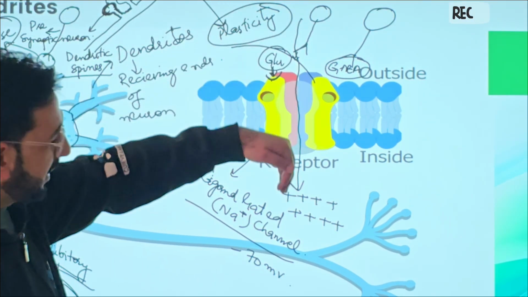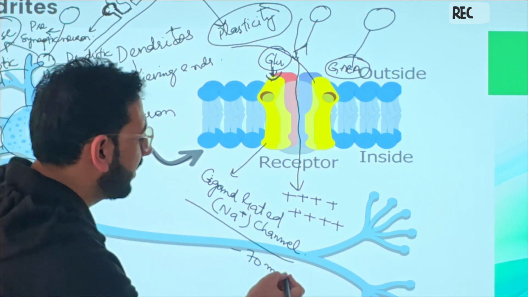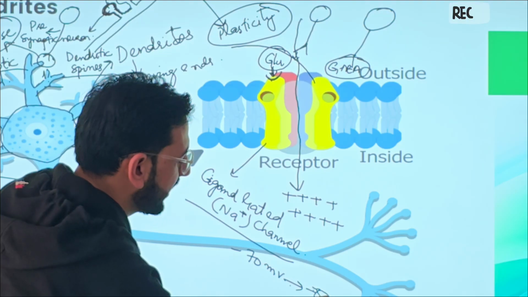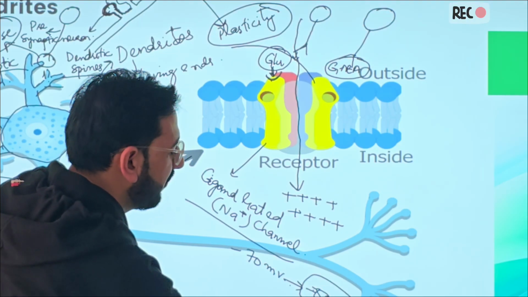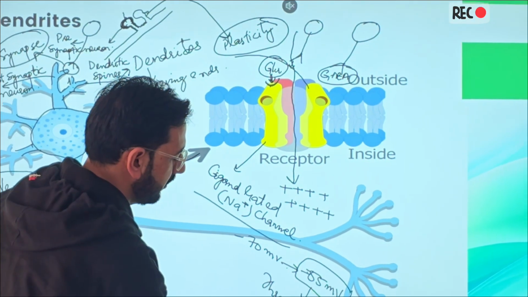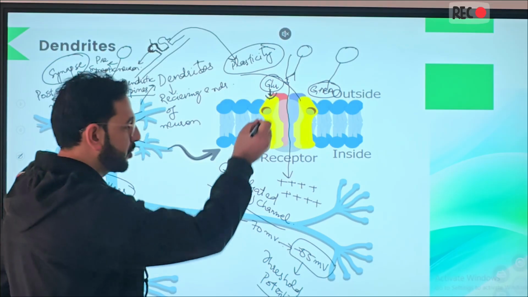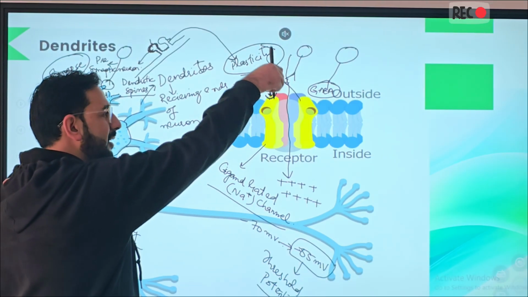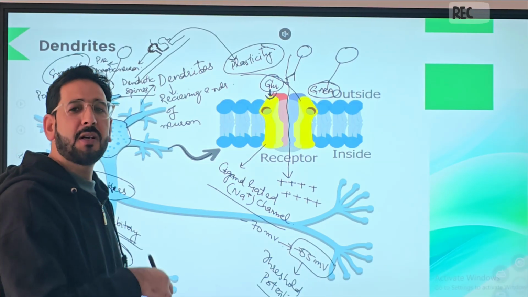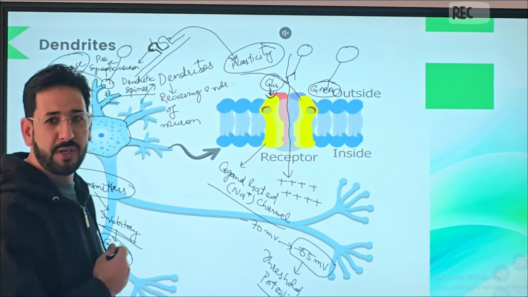When the sodium is coming inside, it is becoming more and more positive inside. That means it will become less negative, from -70 millivolt to -55 millivolt, for example. And this -55 millivolt is the threshold potential. So what this glutamate does is increase the influx of sodium into the cell, and because of that influx of sodium, the membrane potential is going towards the threshold potential.